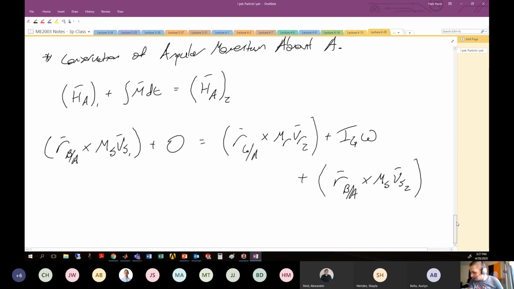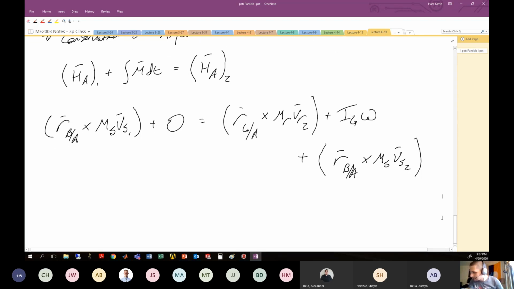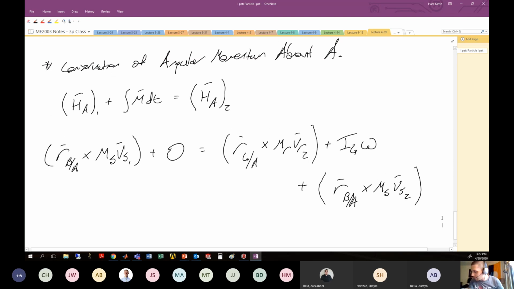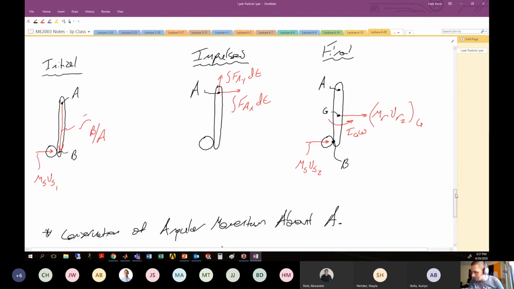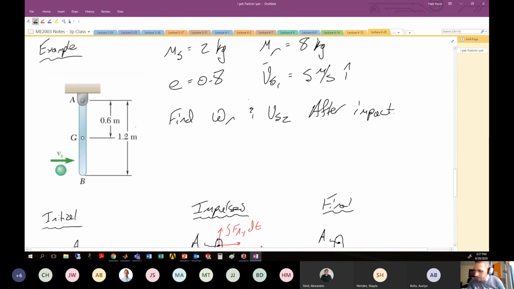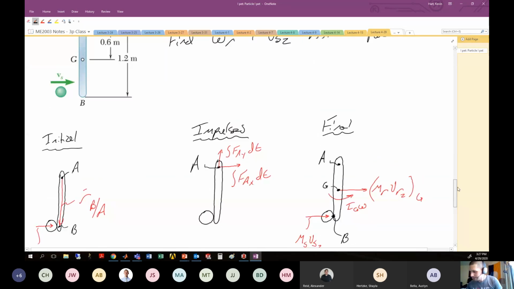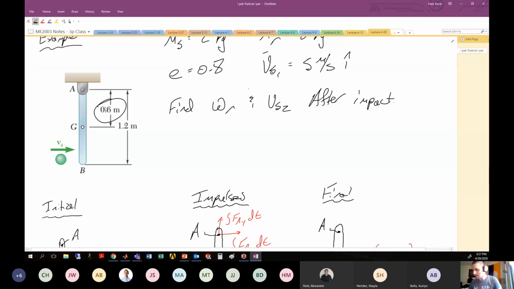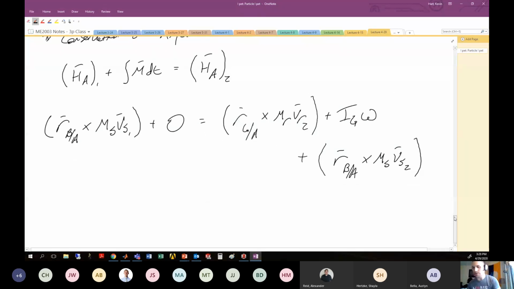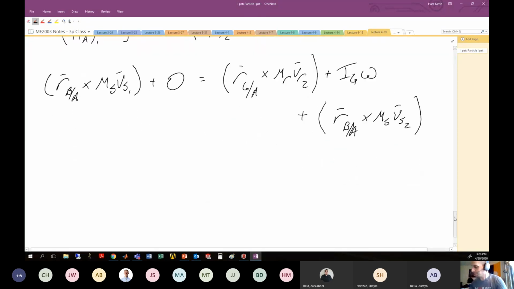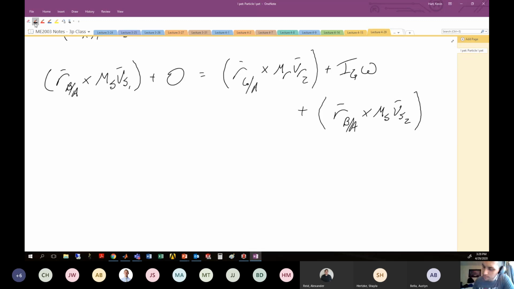So let's put some numbers to all these guys now. We know that the rod is 1.2 meters long. So if we come back up here and look, the rod is 1.2 meters long. So the position vector which locates B from A is going to be 1.2 meters. And then we know that the half length is 0.6 meters. So the position vector which locates G from A is going to be 0.6. If we put some numbers in here and use our right-hand rule for the cross products, we can simplify this.